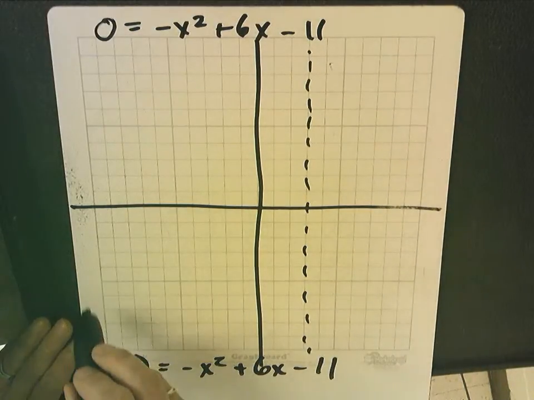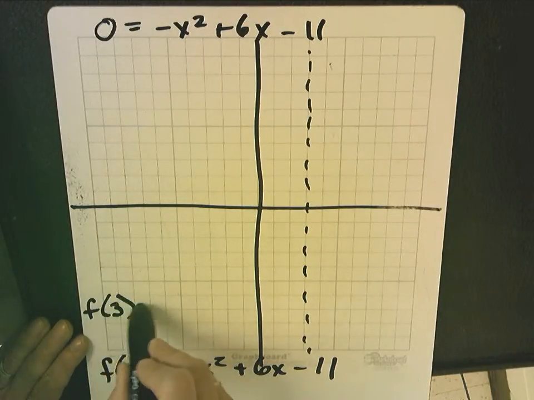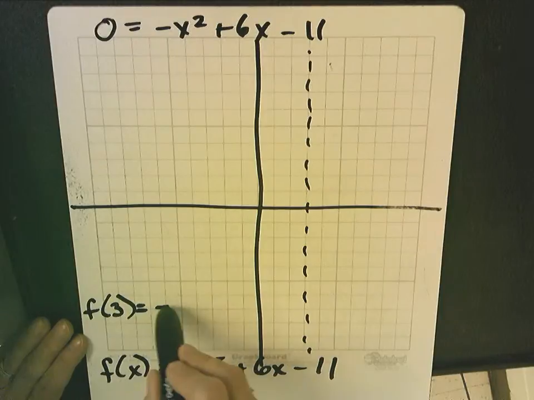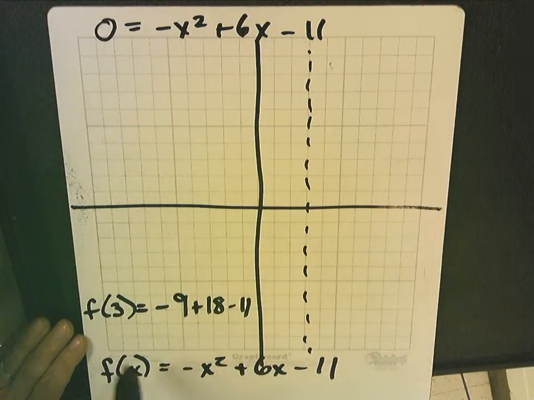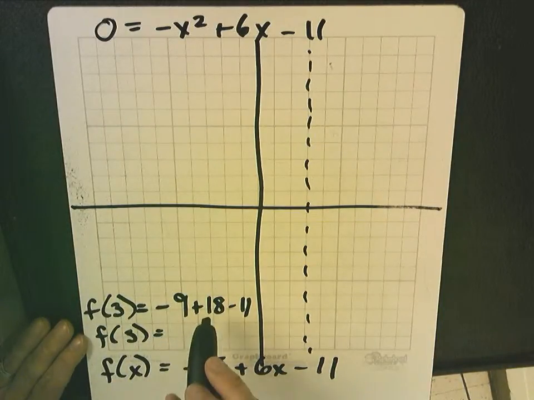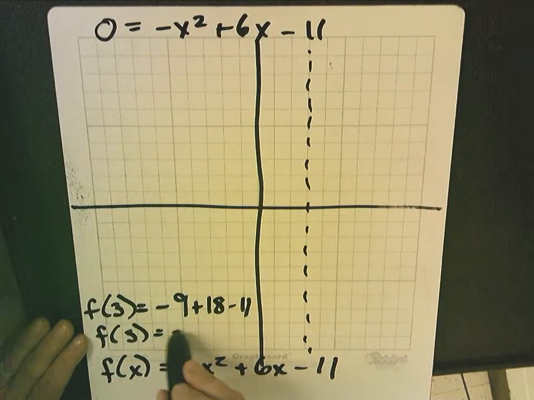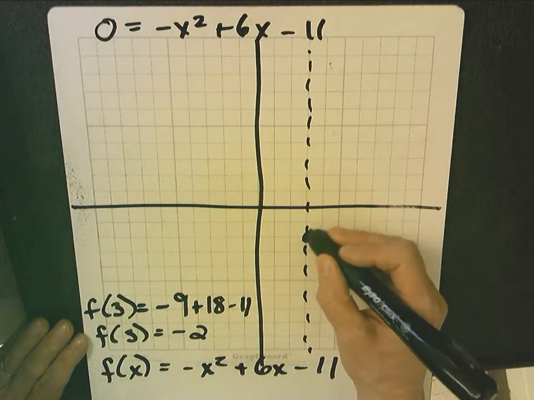And now I'm going to plug in f of 3. And that would be negative 9 plus 18 minus 11. So f of 3 equals negative 2. So 3, negative 2 is my vertex.